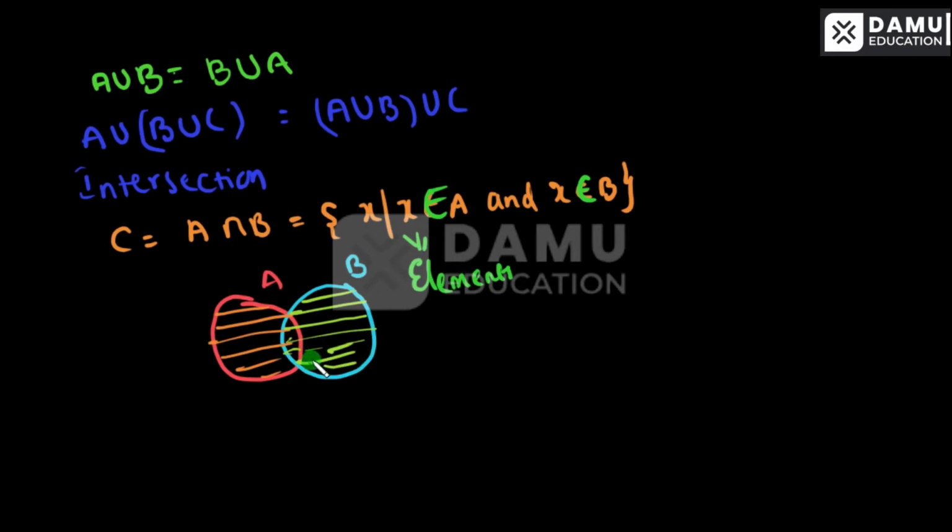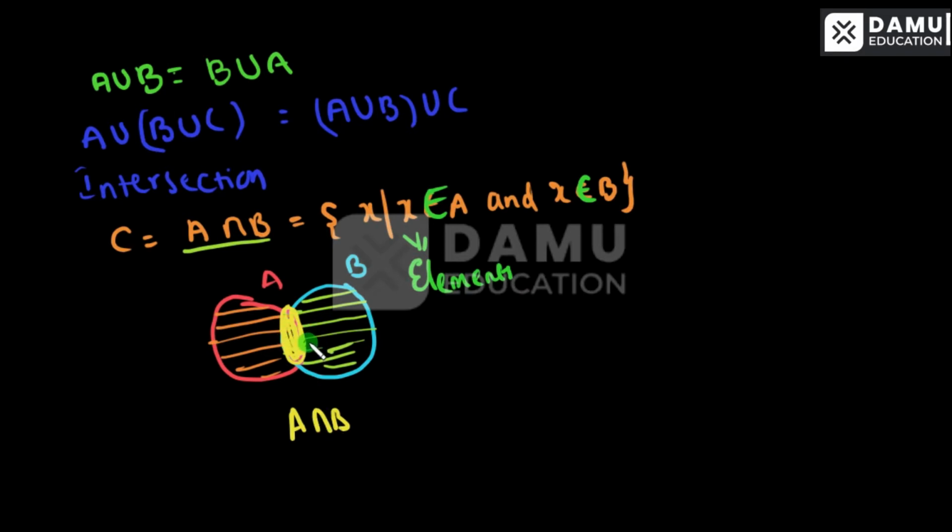Then what is the intersection part? Which part do we have to select? A intersection B means which part? Which place is common to both? It is joining here. So this portion is A intersection B. Where the two sets join, that portion is the A intersection B part.